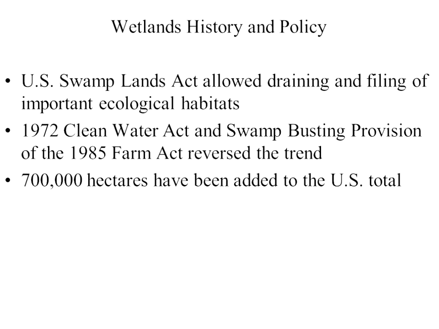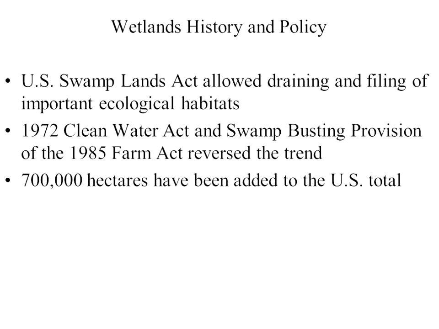So your book also talks about wetlands and restoration of wetlands. Restoring some of our wetlands back to health is particularly important because so many of them have been destroyed. Part of the problem was the U.S. Swamplands Act, which allowed draining and filling of these important ecological habitats.